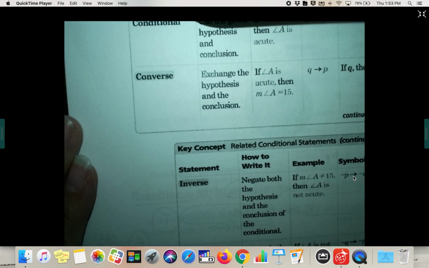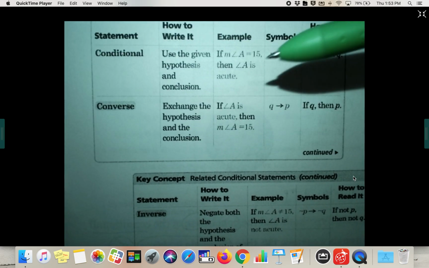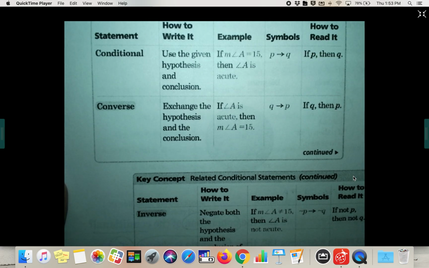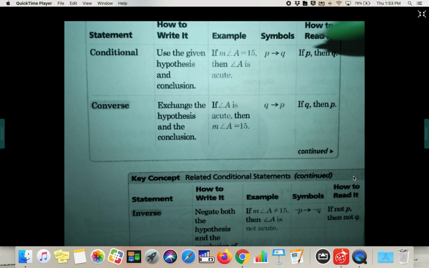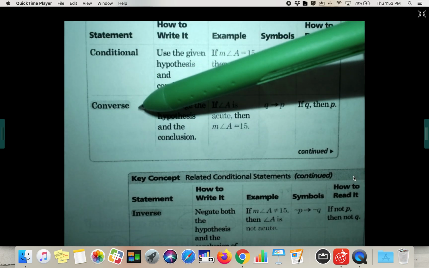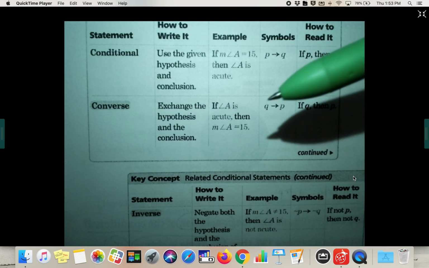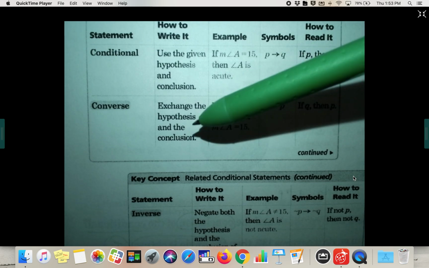All right, so let's go on to the back. We have already talked about the conditional statement. It uses an if-then form. If P, then Q. That's what that symbol reads, if P, then Q. And then the converse, I've already shown you how to do that, but basically it is where you flip-flop them.